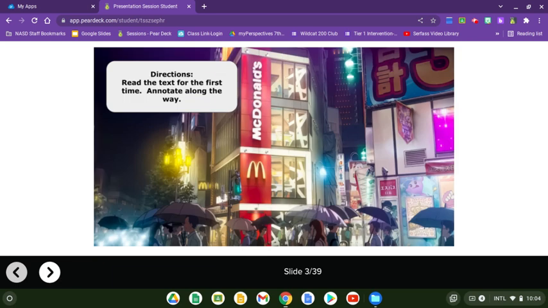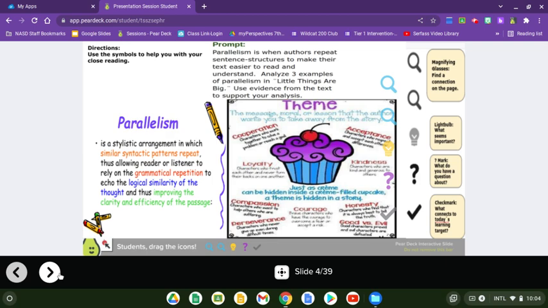Directions: read the text for the first time and annotate along the way. So here's a little bit of notes on parallelism and theme. Let's take a look at this definition of parallelism. It is a stylistic arrangement in which similar syntactic patterns repeat. If you don't know that word syntax, meaning grammatical, you'd put a question mark there.